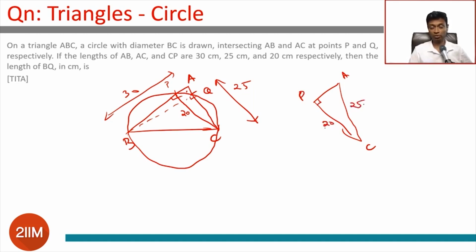This is a ratio of 4:5, or this should be 3, 15, 20, 25 is a Pythagorean triplet. AP is 15. That means PB should be 15. Fine. Wonderful. I know it does not look like P is a midpoint of BA, but that's what the math is telling us. So this is 15, this is 15, this is 20. So I'm looking at triangle BPC now.